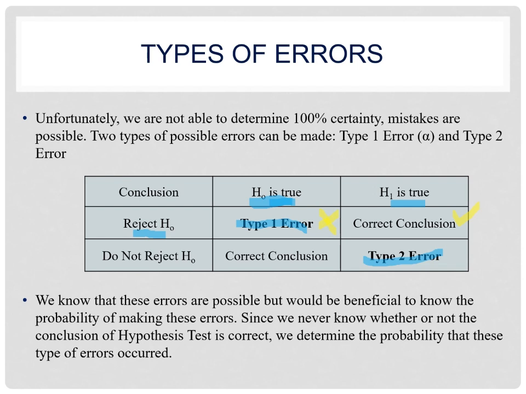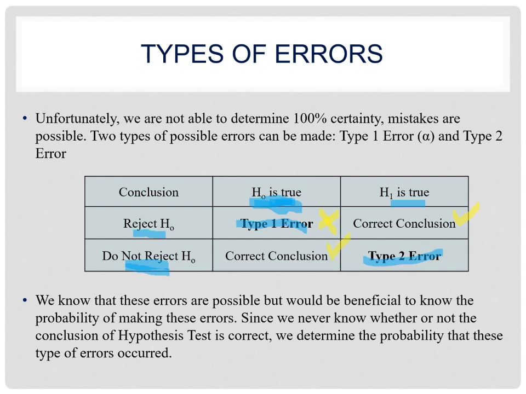The other side of that is you might say, all right, I got my information, you think the mean is 20, and I have no reason to doubt it. Based on what I've got, the assumed average is 20. I don't have any evidence to back up that it's not. So you come to the conclusion that there's no change, and if H0 is true, then you again have made the correct conclusion.